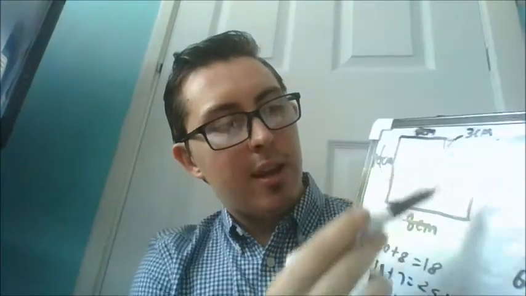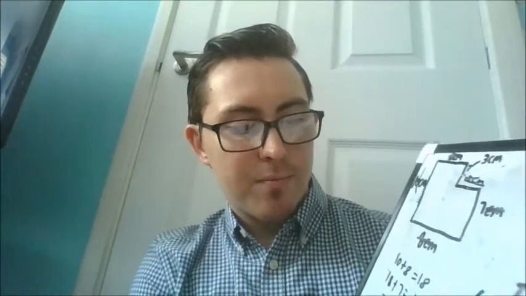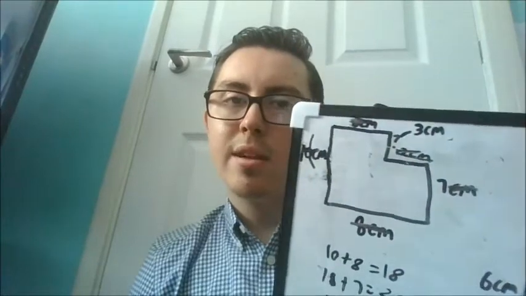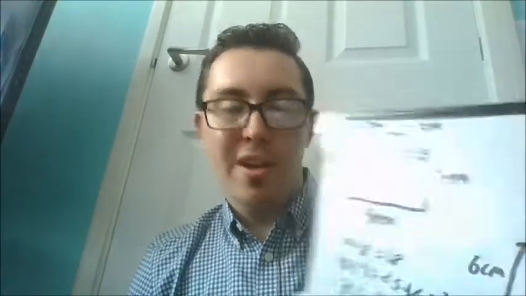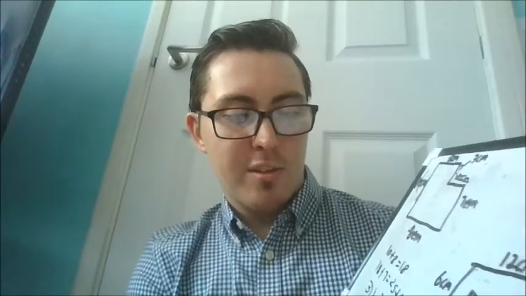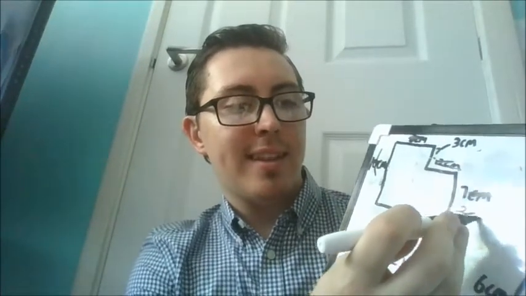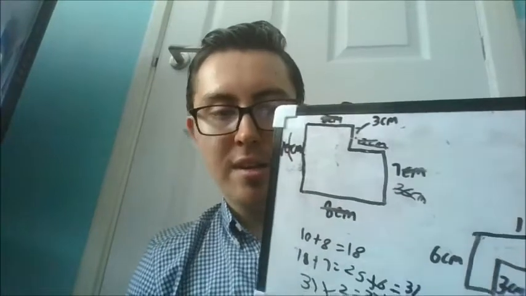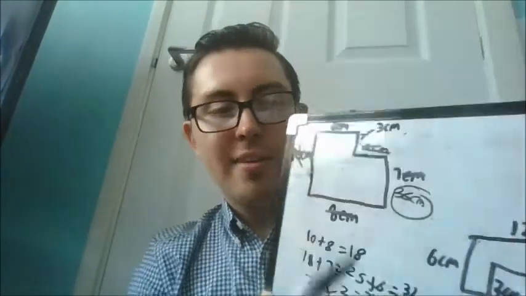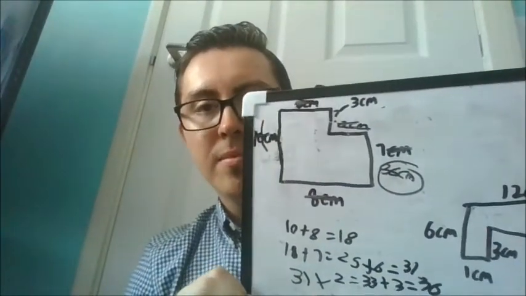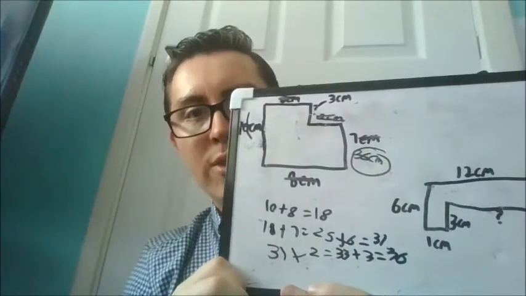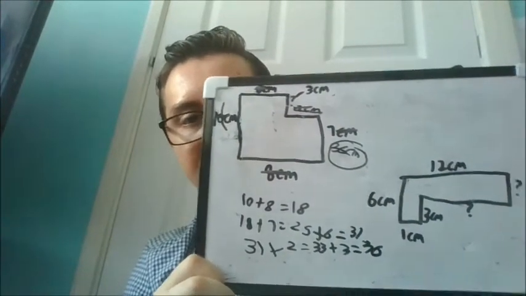And 33 add, what do we have left? 3. 33 add 3 is, what do you think? 36. So the perimeter of this shape is 36 centimeters. That's the answer. Hopefully you understand that, guys. We're going to do one more practice question and then we'll go over the answers.